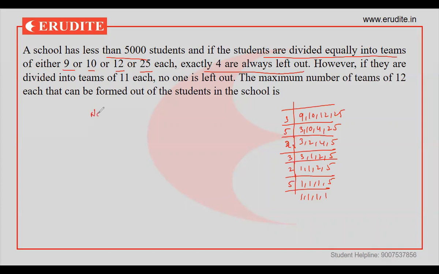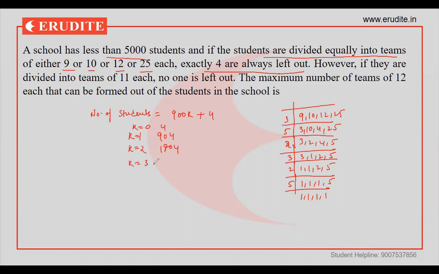So the number of students should be in the form of 900k plus 4, because 4 is left out. If I put k equal to 0, the number is 4. If k is equal to 1, the number is 904. If k is equal to 2, the number is 1804.